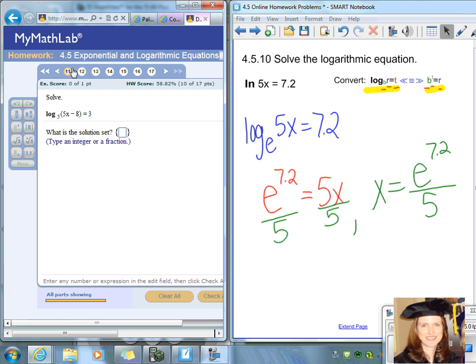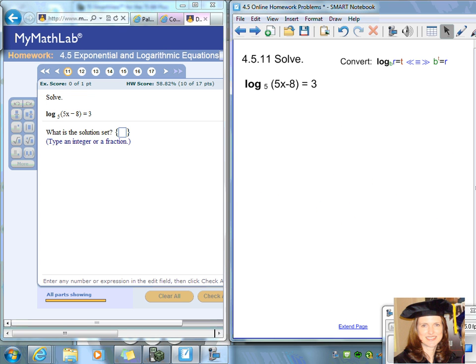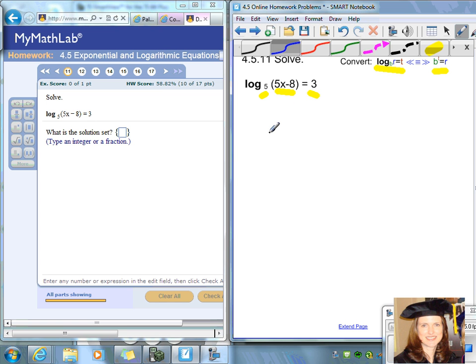Okay, question number 11. Solve this logarithmic equation, and it is in the form of log base b of r equals t. The base is 5, the argument is 5x minus 8, and the exponent is equal to 3. We're going to do a conversion here.